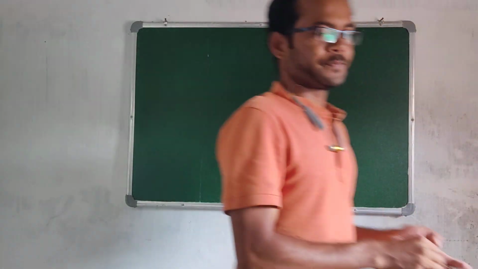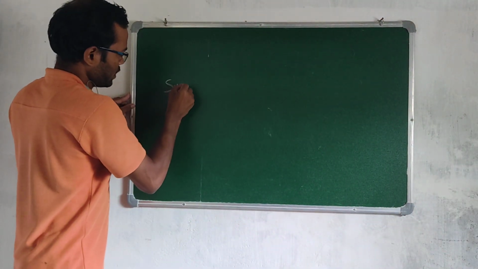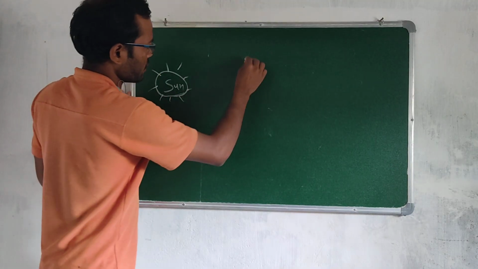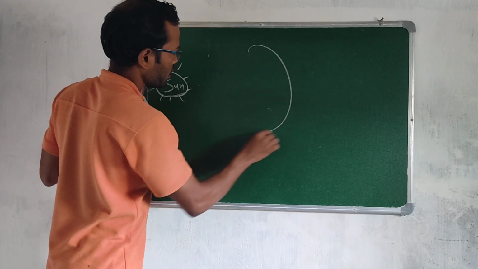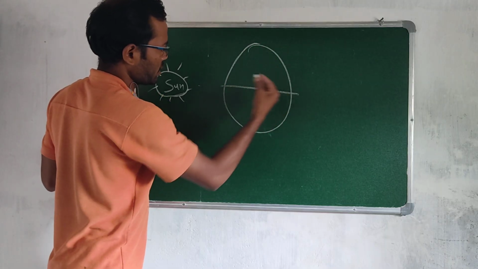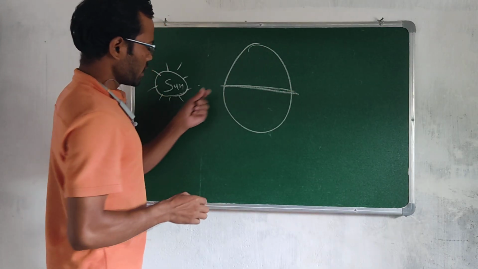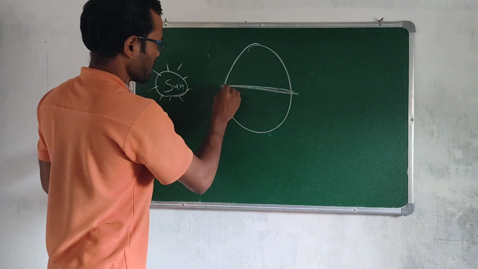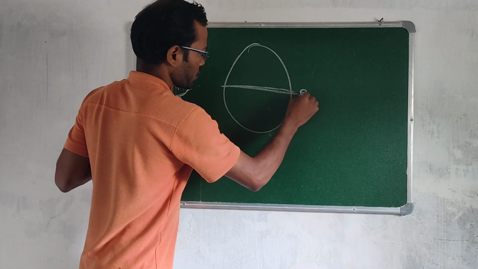So first, suppose this is the sun. And suppose this is our earth, and this is the midline, the line which separates our earth into two equal halves. And this line is known as the equator.